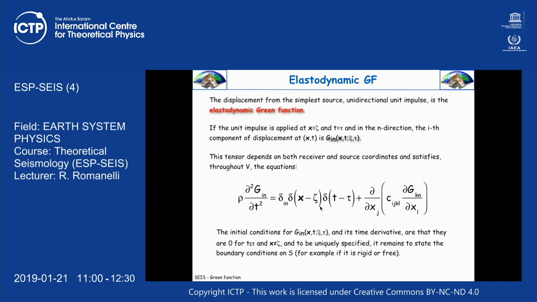The P waves were related to the gradient of the scalar potential, the S waves were related to the curl of the vector potentials. Then we separated into P, SV, SH. PSV became Rayleigh, SH became Love.